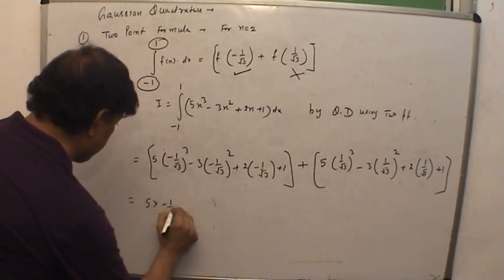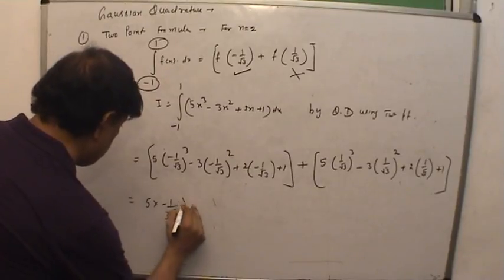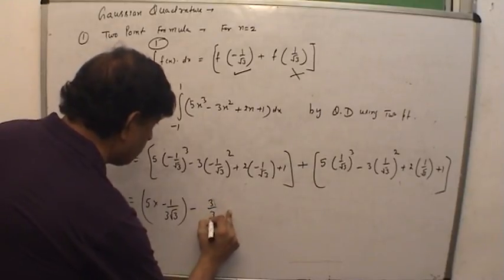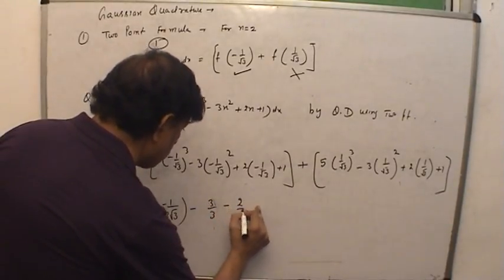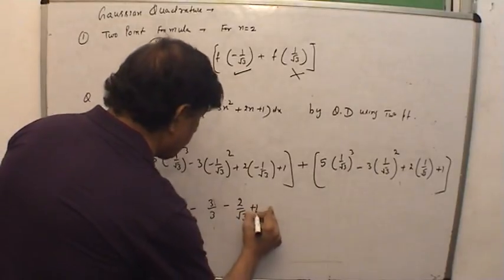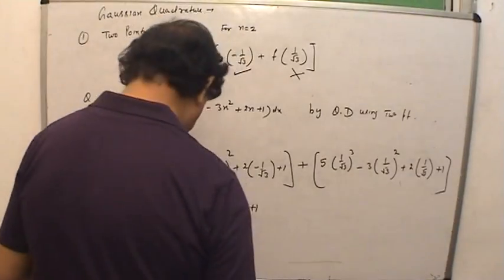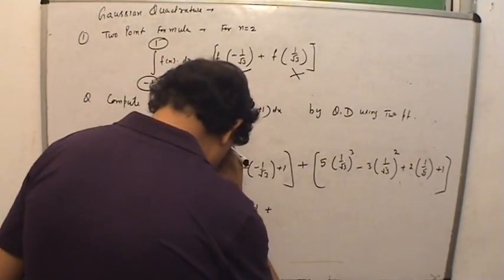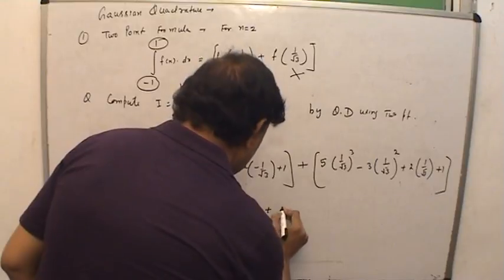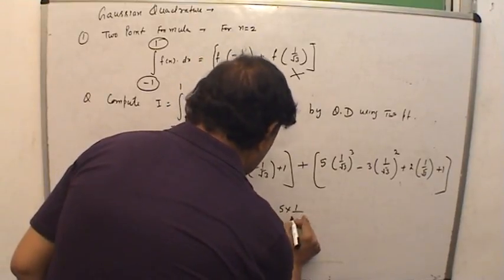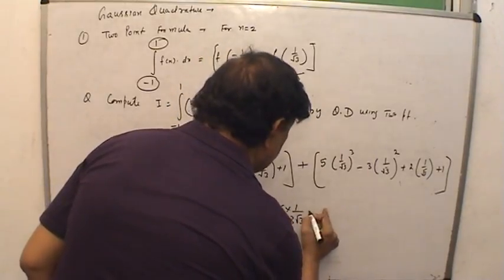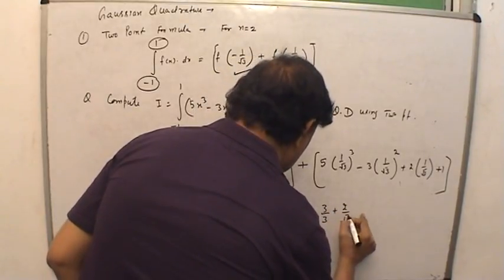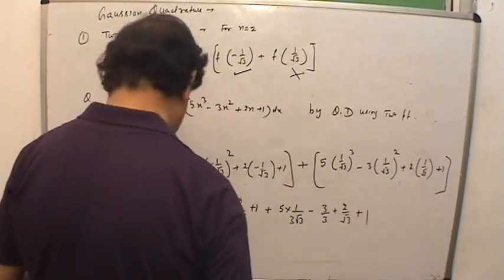5 into -1 by 3 root 3 minus 3 by 3 minus 2 by root 3 plus 1, plus 5 into 1 upon 3 root 3 minus 3 upon 3 plus 2 by root 3 plus 1.